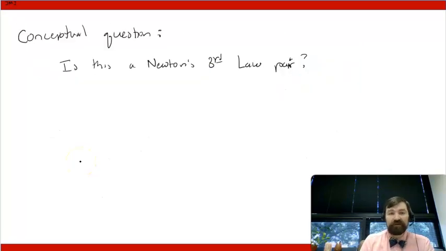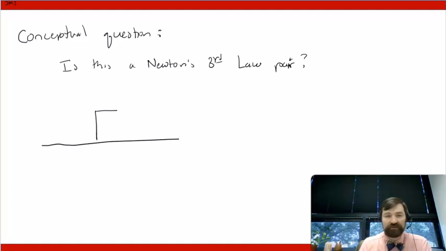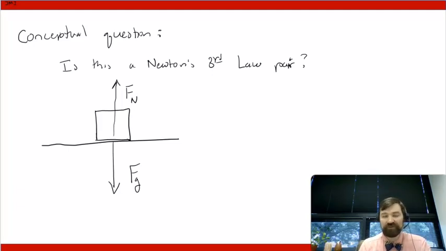All right, let's do a conceptual question here. The conceptual question that I'm going to ask is, do we have a Newton's third law pair in each of these cases? So case number one, let's say that I have an object sitting on top of the table, and you have the force of gravity acting downwards on the object, and the table is pushing upward on the object, applying what's called the normal force.